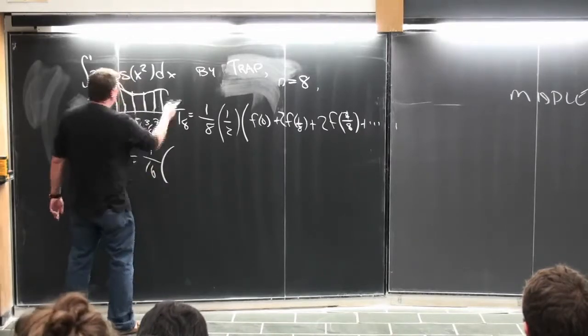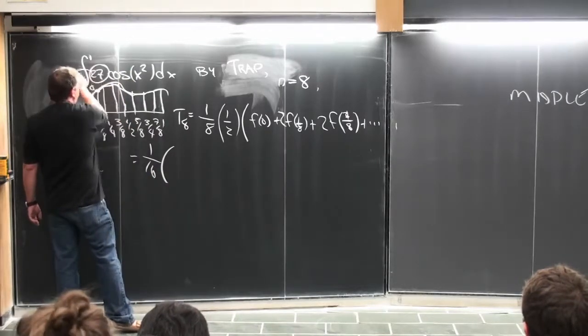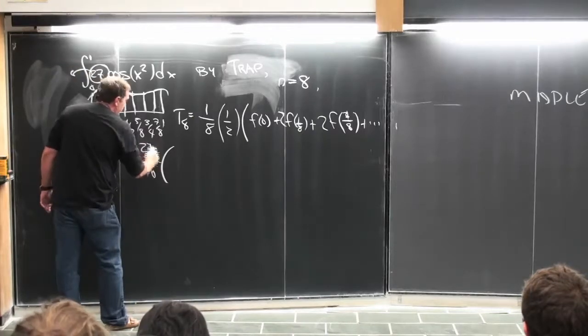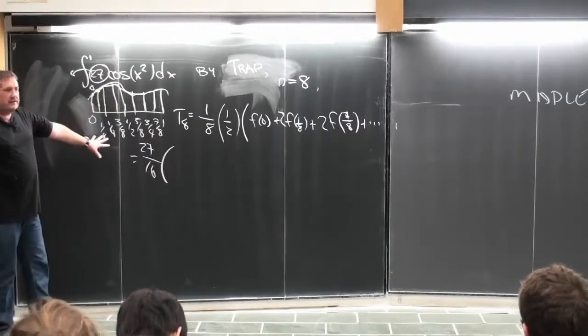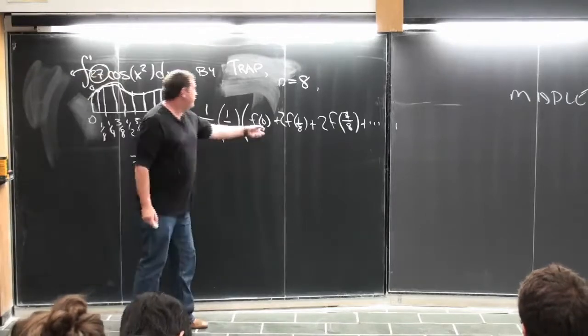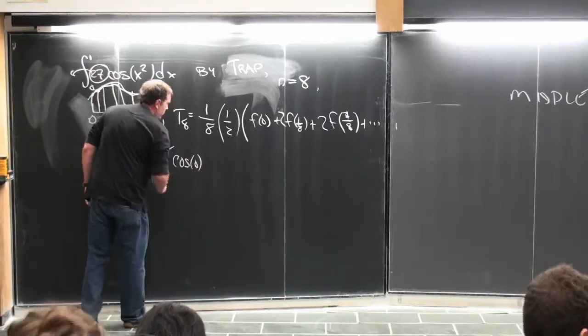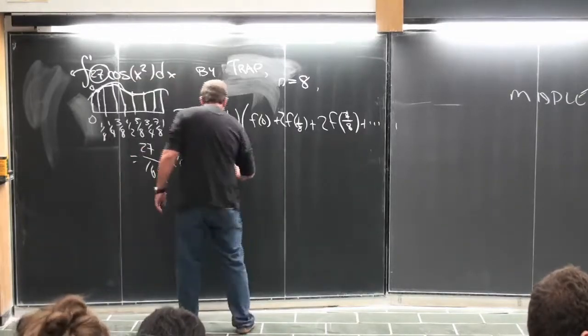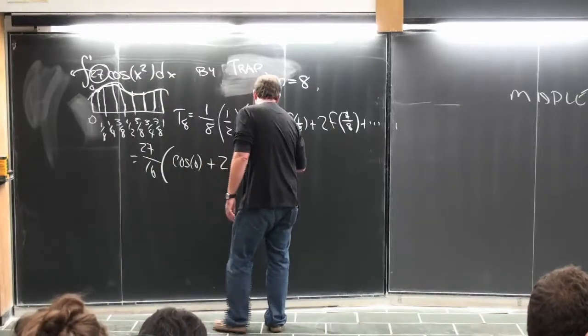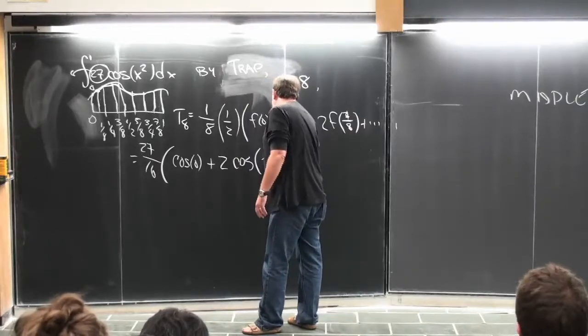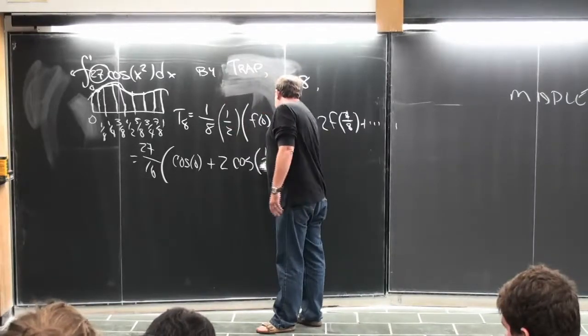Oh, there's a 27 out here. Let me just pull the 27 out front. So it's 27/16 of, now f of 0 is the cosine of 0 squared. Plus 2 times the cosine of 1/8, but it's squared, so it's really 1/64.